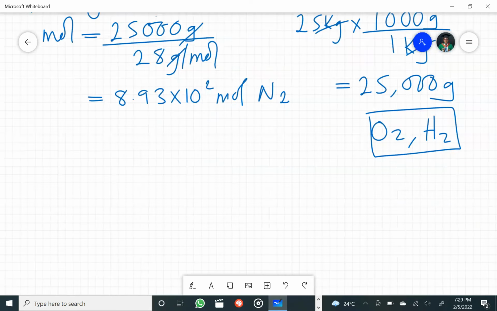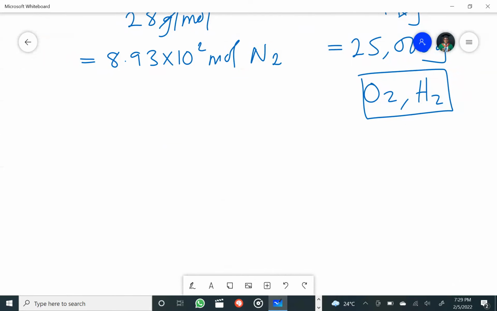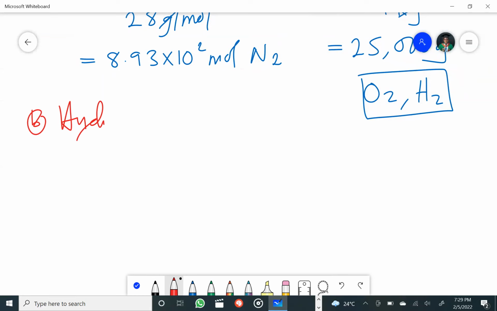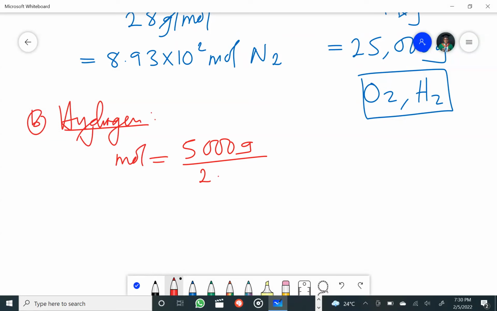And then let's now talk about the hydrogen. Let's use red. So for the hydrogen, we are going to find the moles. The mass is 5 kg. So again, like I said, show the conversion over molar mass. Molar mass again, show your working how you're finding it.